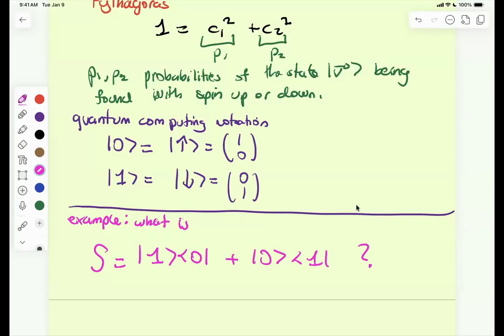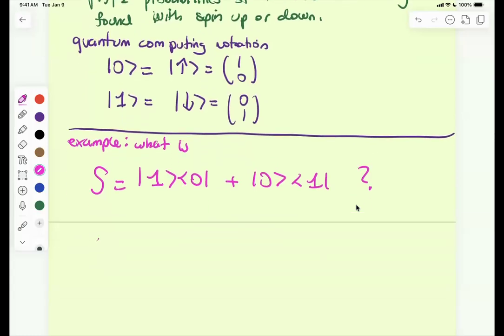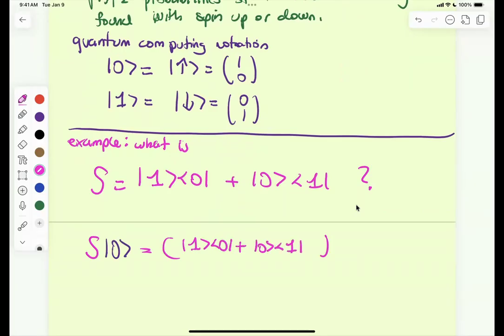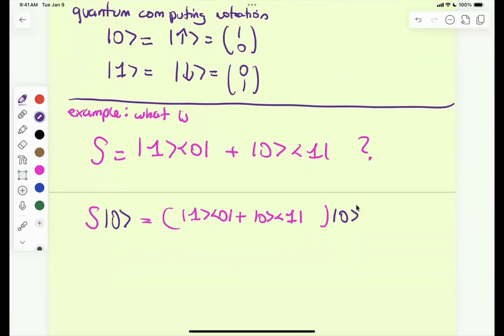So for example, if you wanted to know what this does on the vector 0, what would this be? It's going to be this applied to the vector 0, and the matrix is linear, so you can just do it this way.